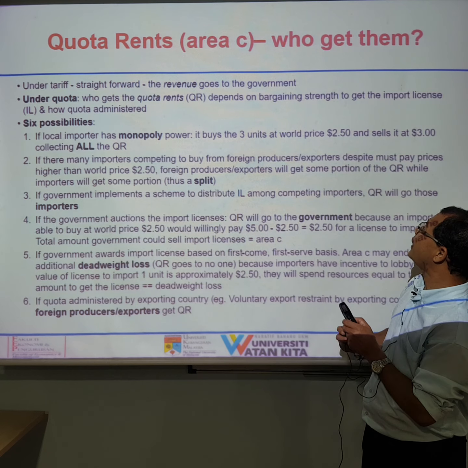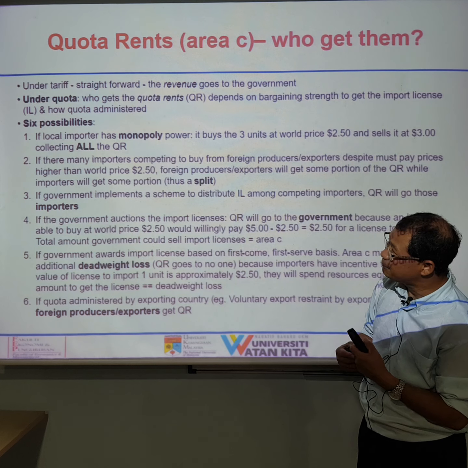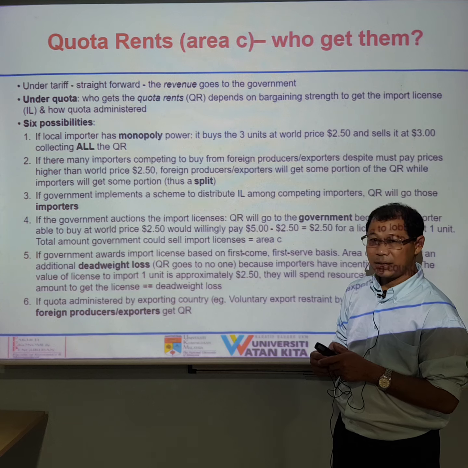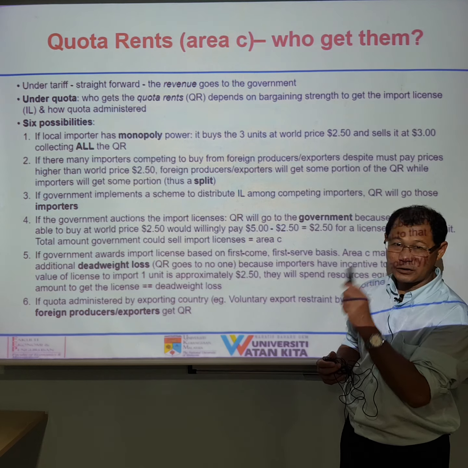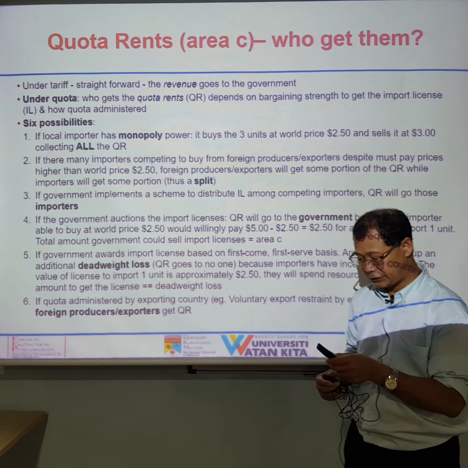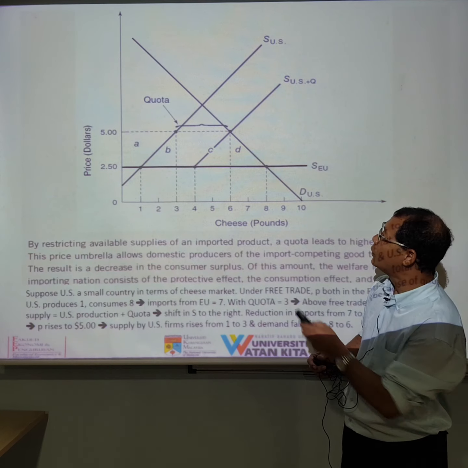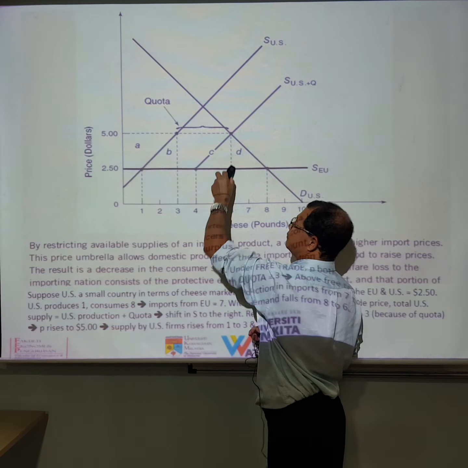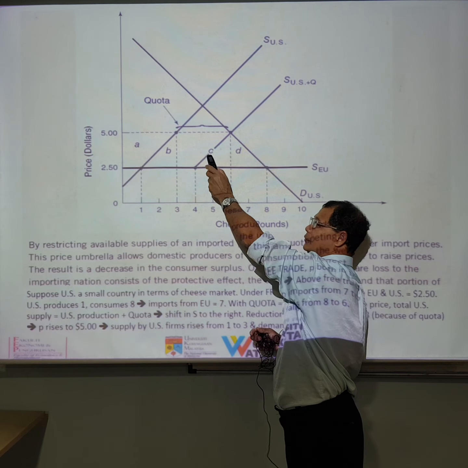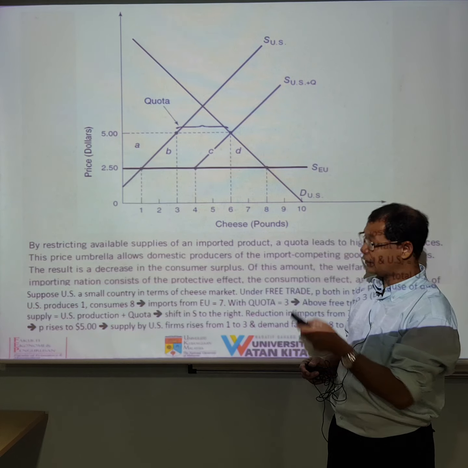It depends on bargaining strength to get the import license and how the quota is administered. There are 6 possibilities. Under a tariff, it clearly goes to the government, but this is a quota.